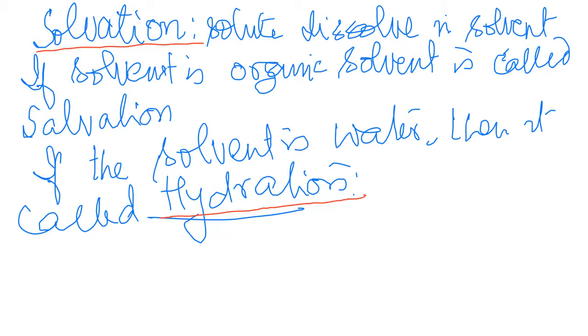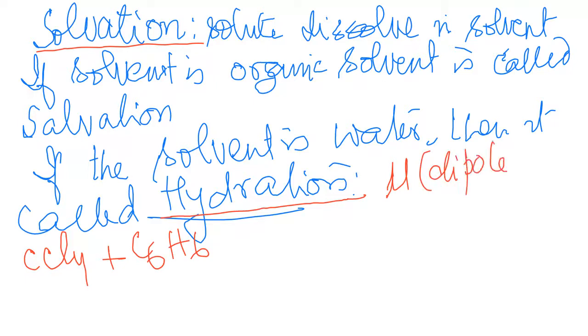Now we have an example, CCl4 in C6H6. CCl4 plus C6H6. The dipole moment, this is mu, known as dipole moment.